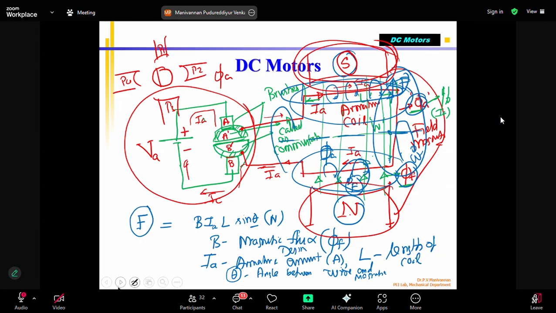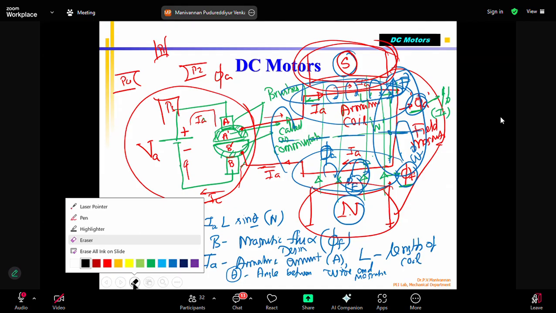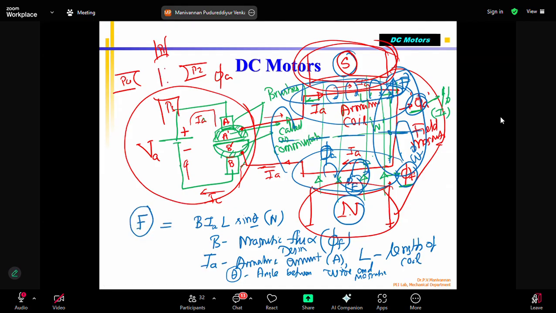The armature is generally represented like this, and it is rotating. So P1 and P3 represent one pair. This is north pole, this is south pole. Similarly, this is south pole, this is north pole. So this is one pole pair, this is another pole pair.